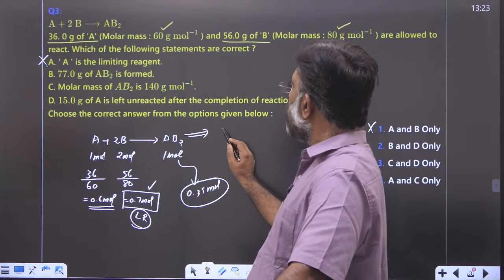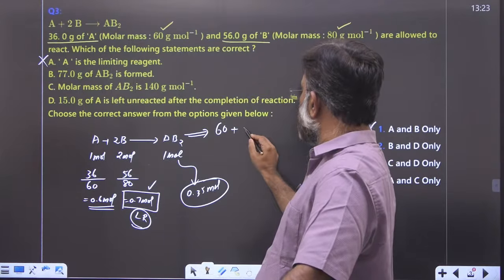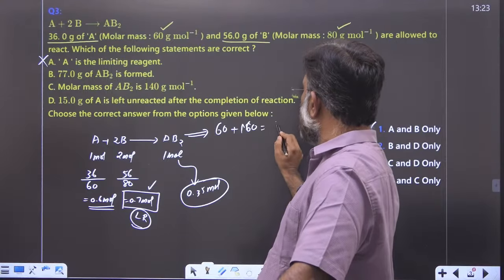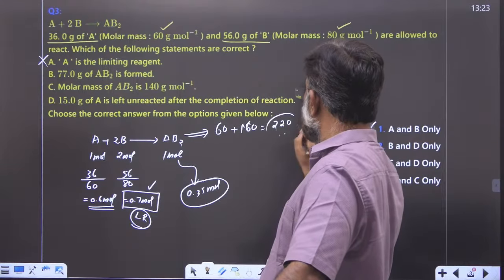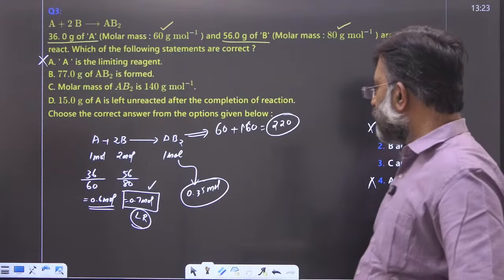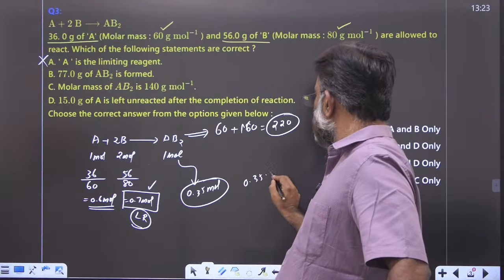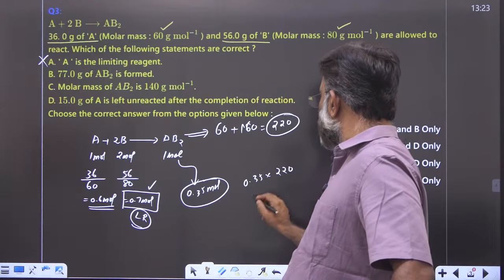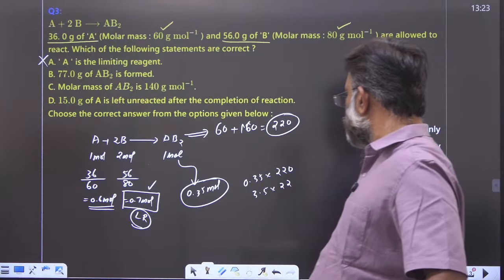AB2. A 60 ആണ്, B 80 ആണ്, 2 times 160, അപ്പോൾ 220 അല്ലേ? It is 220, that is the molar mass of AB2, and the quantity will be 0.35 into 220, that is 3.5 into 22.